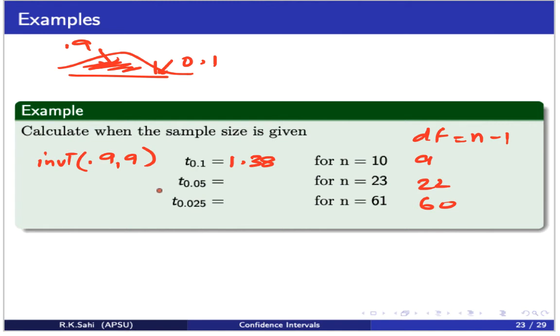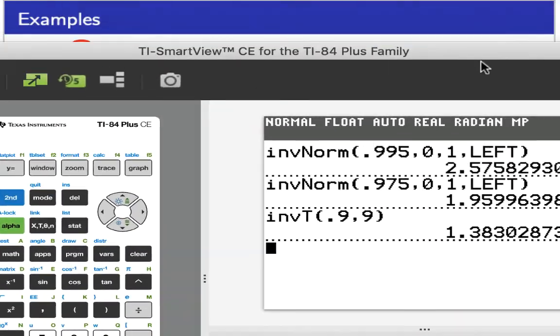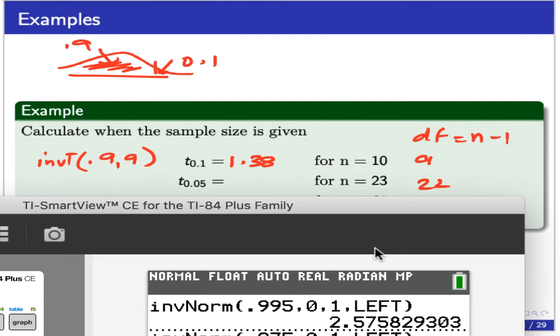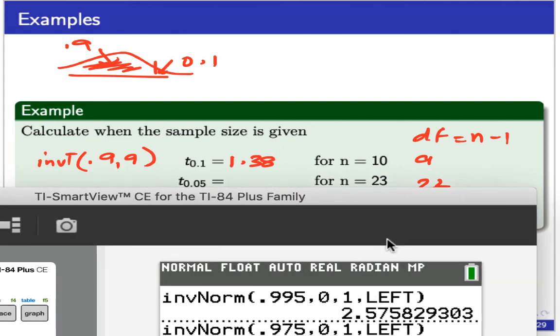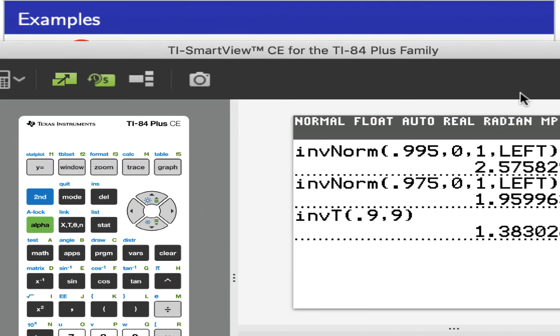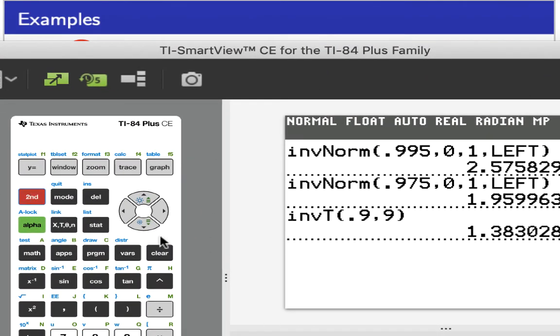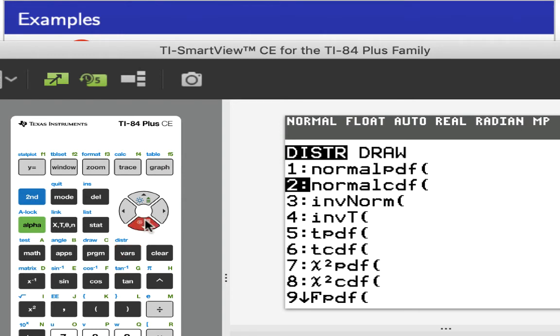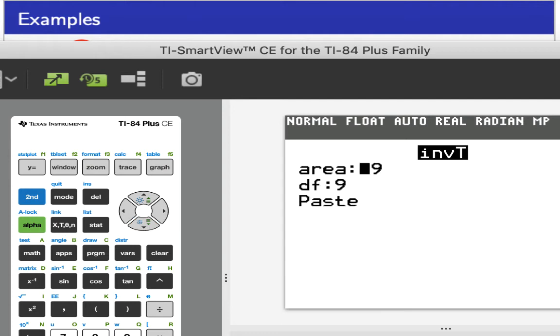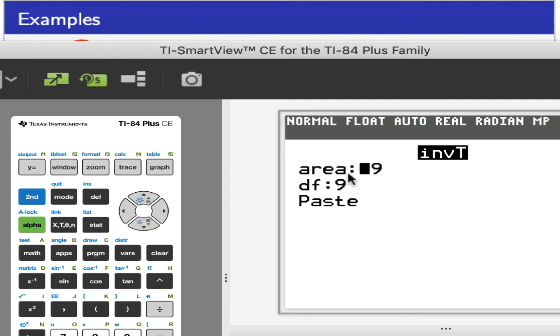1.38. What about t.05 and n is 23? Degrees of freedom is, notice, 22. Okay, so what are we going to do? We're going to do second inverse, take the cursor to 4, press enter. Now here, it is not 0.9.